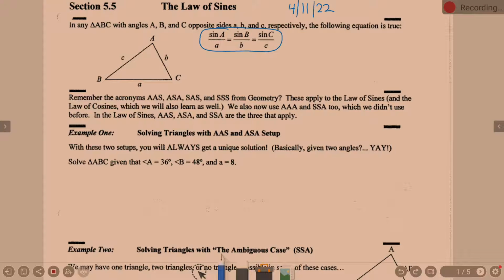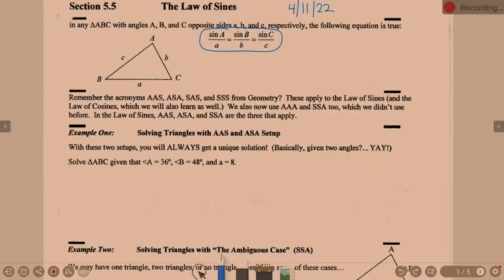Okay? Our law of sines can be broken up into pieces. So again, it's going to be based on what we know. We're always going to have to know at least 3 aspects of our triangle, depending on the situation. But basically, we can set up proportions. Obviously, we're talking about not right triangles here.